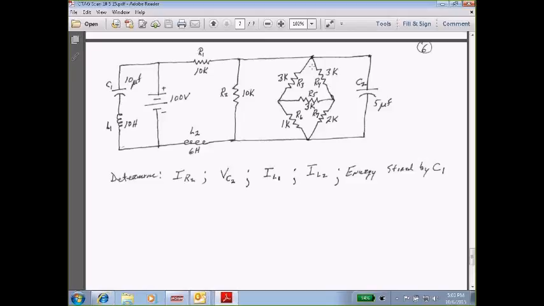So we would redraw the circuit as a Y. You would come down here with a 1K resistor, and over here with a 1K resistor, and then from the center over to here with a 1K resistor. Putting a Y up here, just like we did a couple sessions ago when we were talking about Y to delta conversion. So all 3 of those would have 1K. Now, with that, R5 disappeared.